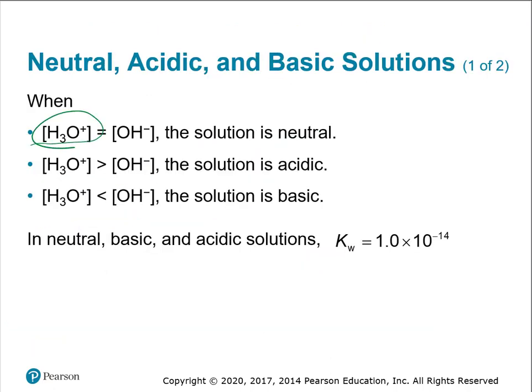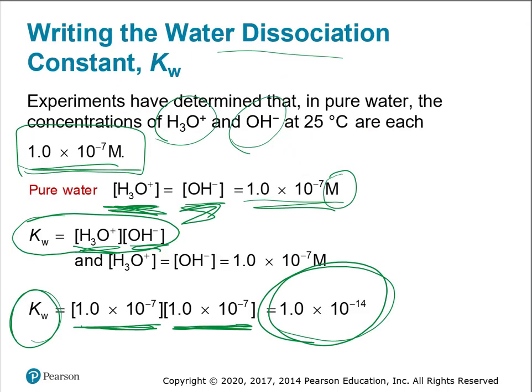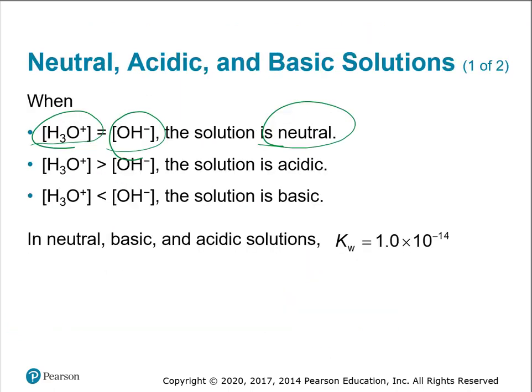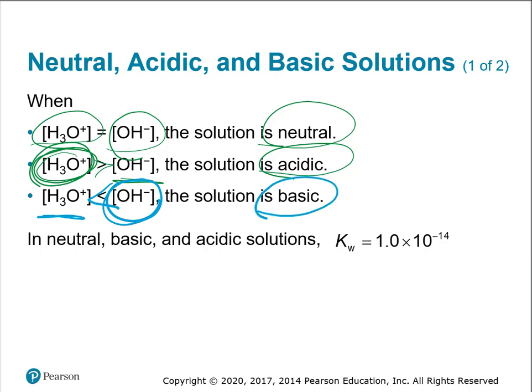When the hydronium ion concentration is equal to the hydroxide ion concentration, our solution is neutral. In this case, if they are both 1 times 10 to the negative 7, then we have pure water, we have a neutral solution. If the hydronium ion or the acid is greater than the base, then we have an acidic solution. If our base is greater than the acid, we have a basic solution.